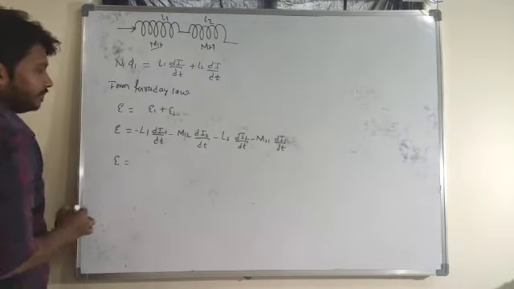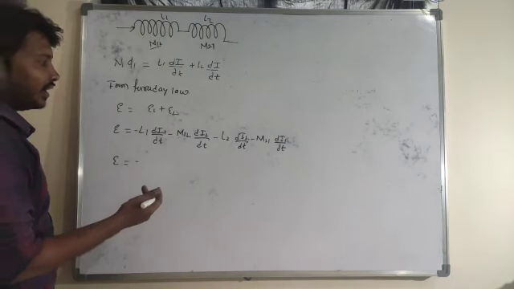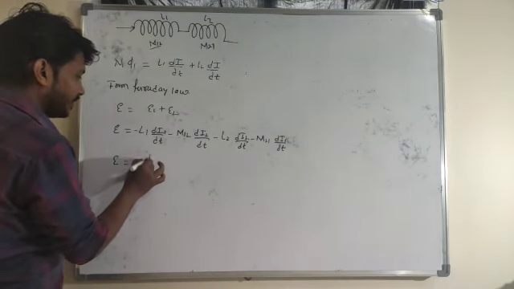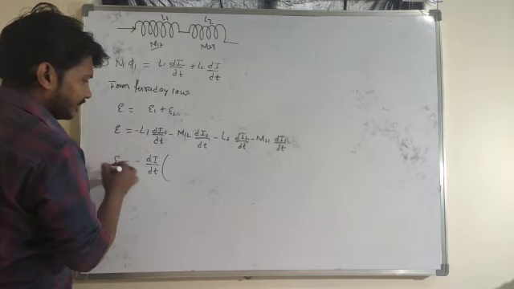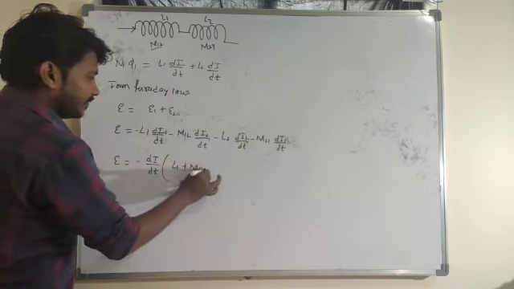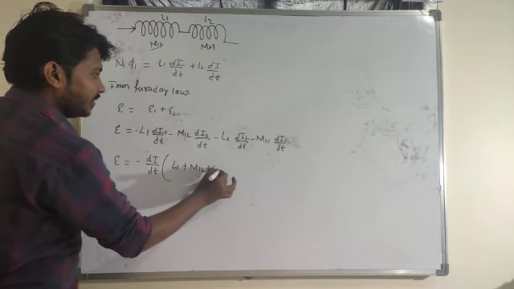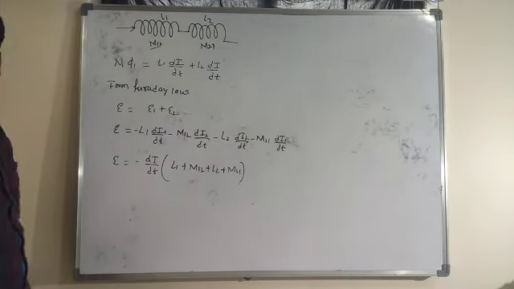So let me take that. In case of series combination, the current remains the same, so di by dt you can take common, with the negative sign, L1 plus M of 1 to 2 plus L2 plus M of 2 to 1 here. So is it right?